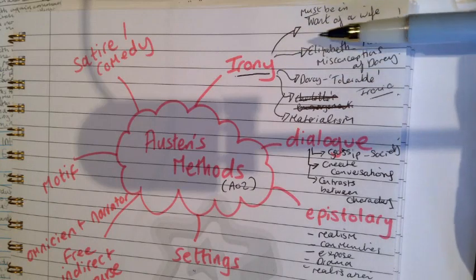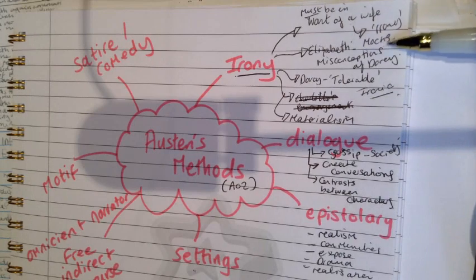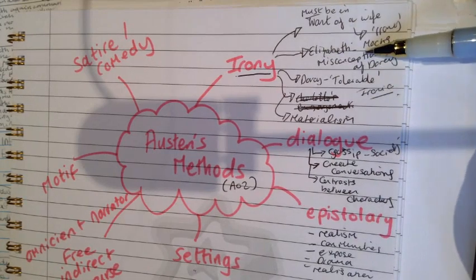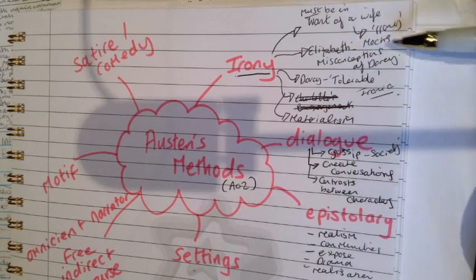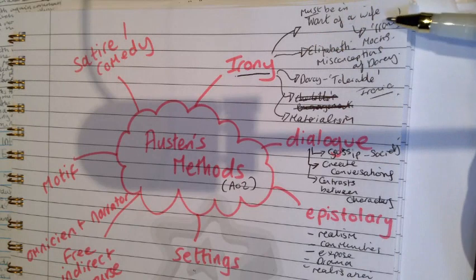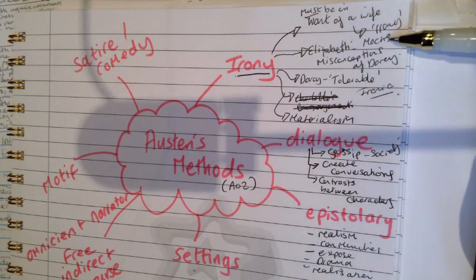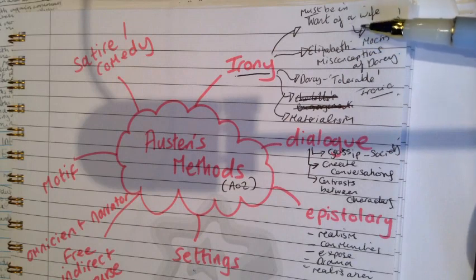Irony allows Austen to present Elizabeth as someone who makes judgments about a character without really knowing them, and so that's ironic. She just takes what Wickham says at face value and she believes it.